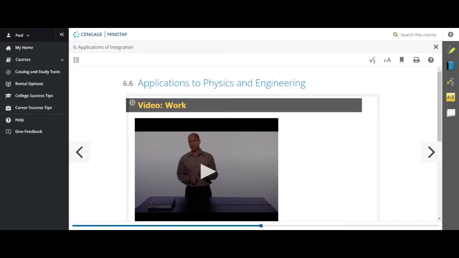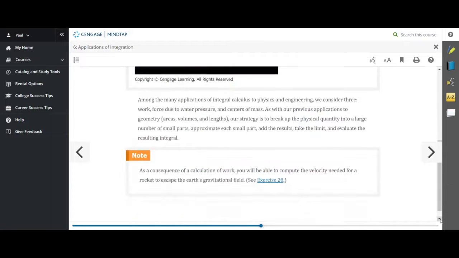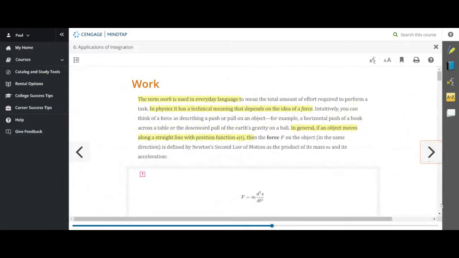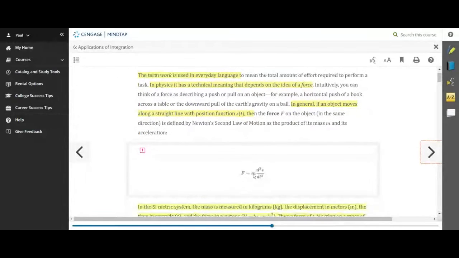Well, let's review a few basic concepts that you would have probably seen. You don't have to take a physics class to have seen these, but one of them is Newton's second law of motion.